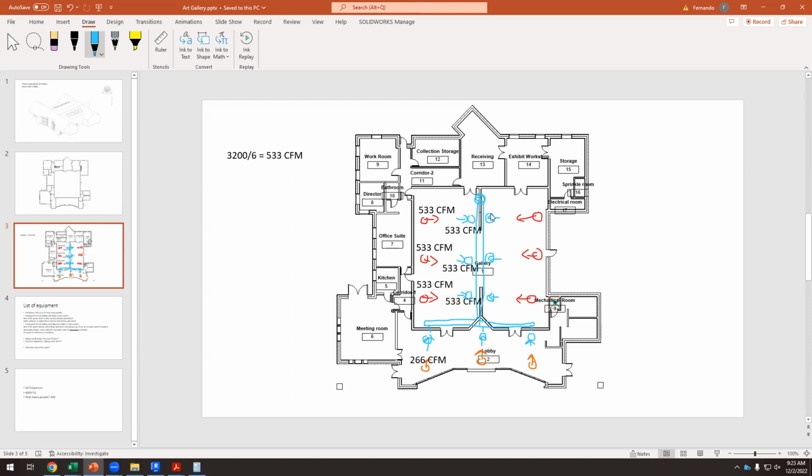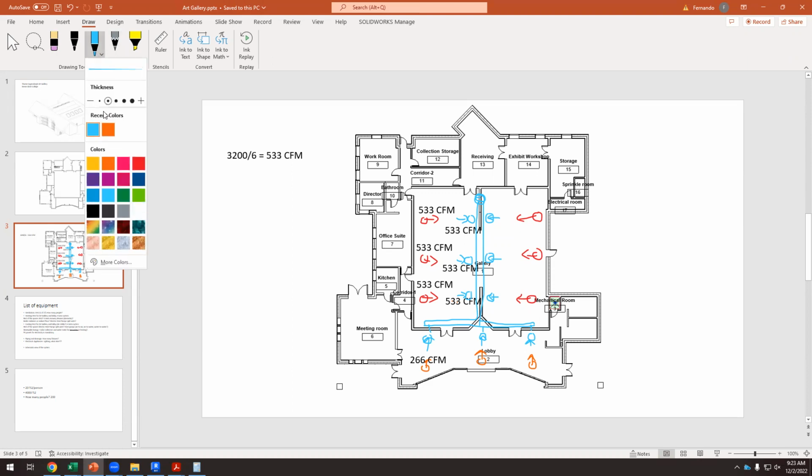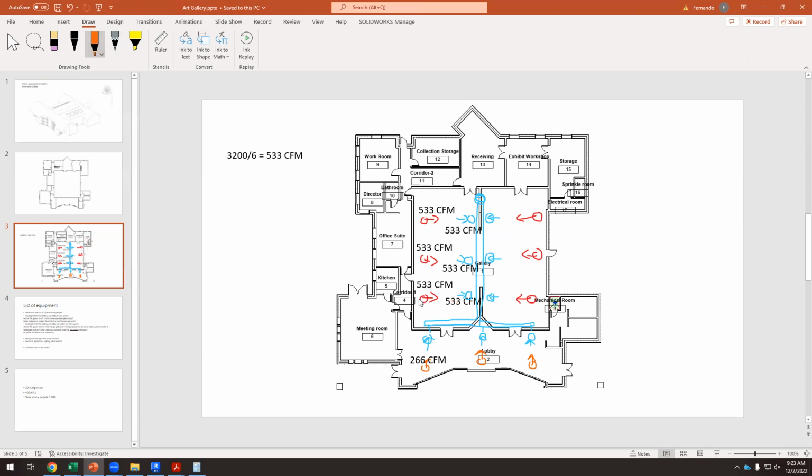At some point, we have to go up to the roof because I will place this air handling unit on the roof. And then for the supply diffusers, I can have a branch like this, another branch like this. There will be another shaft here.